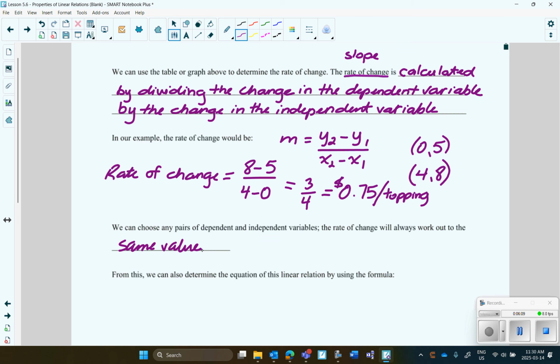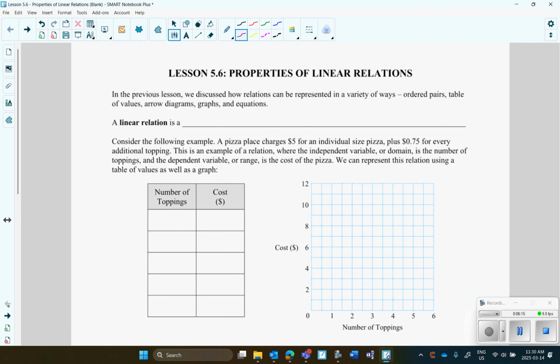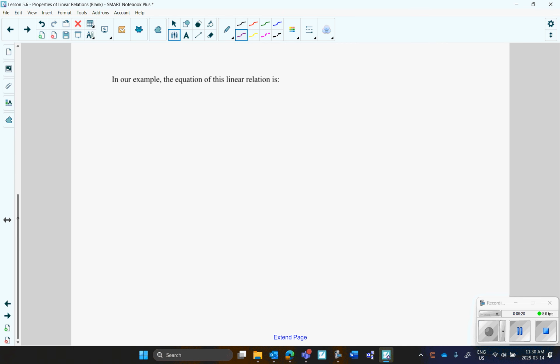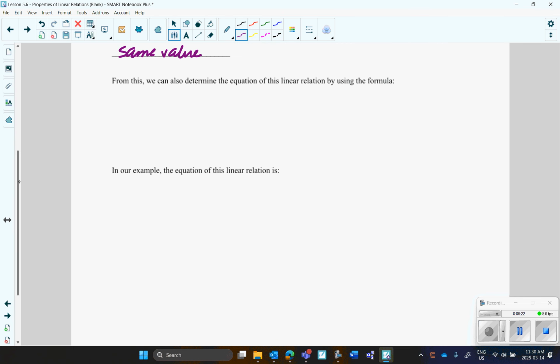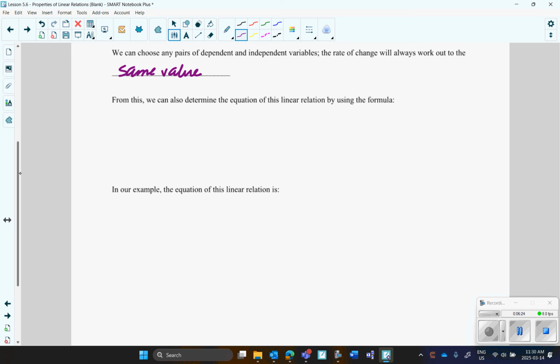So if we know the rate of change, we can actually find the equations of these kinds of linear relations. When we were just doing lines in general, to find the equation, we use this formula, y equals mx plus b.